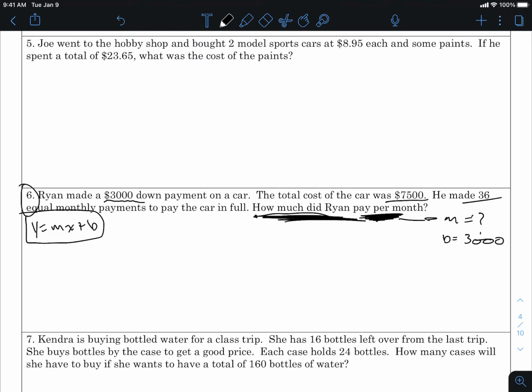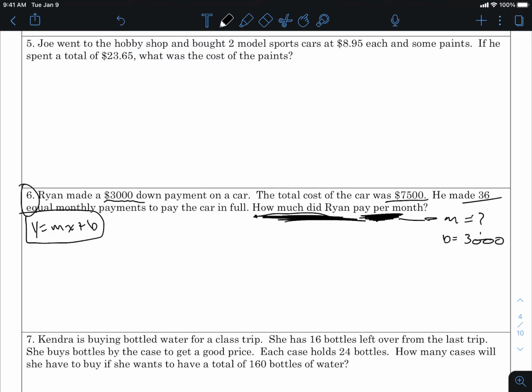The total cost of the car, right? Remember, in this equation, y represents how much of something, in this case how much money was spent, right? And then x would have represented how many times Ryan would have had to pay in order to get to 7,500, I suppose.